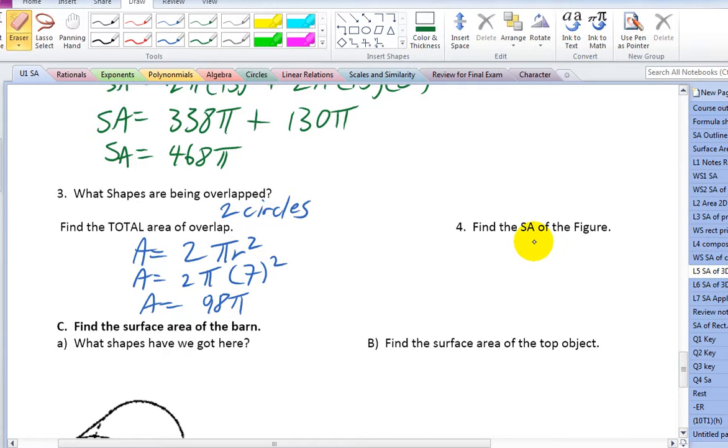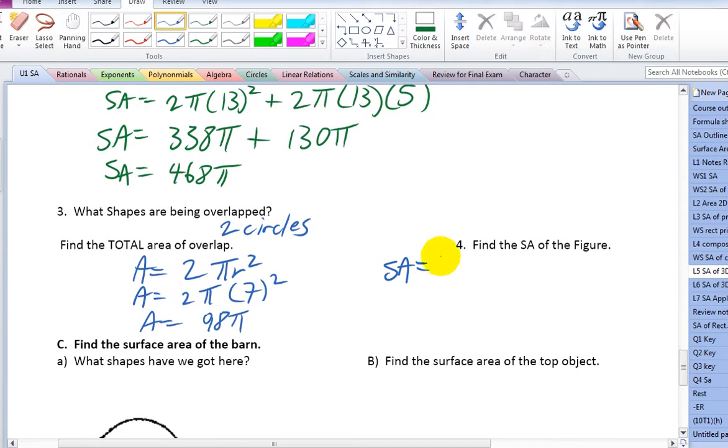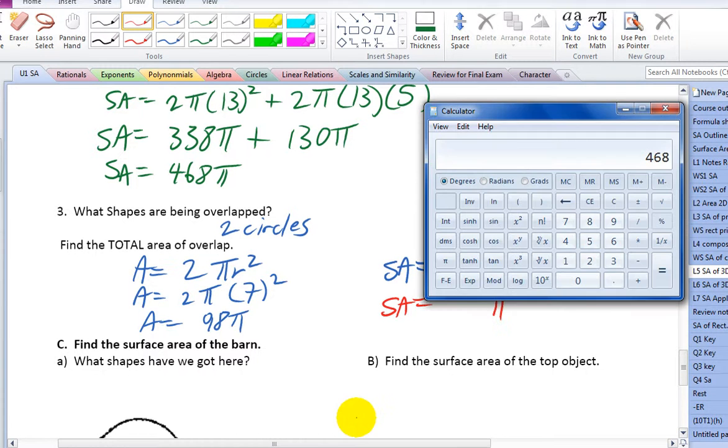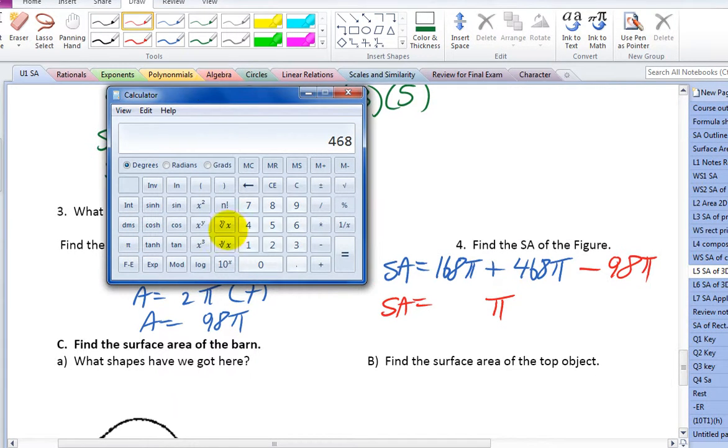Okay. And the whole reason why I wanted to show you this surface area is add up 168 pi plus 468 pi, but then you have to subtract 98 pi. So you're not doing any multiplying, you don't use your calculator for the pi stuff, just add or subtract the front numbers.